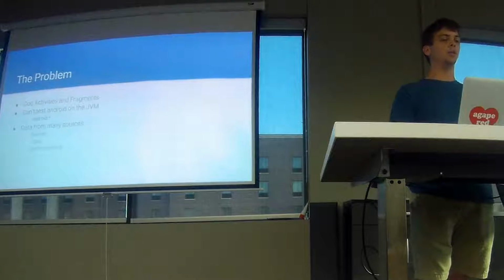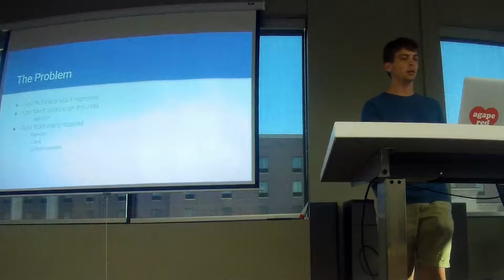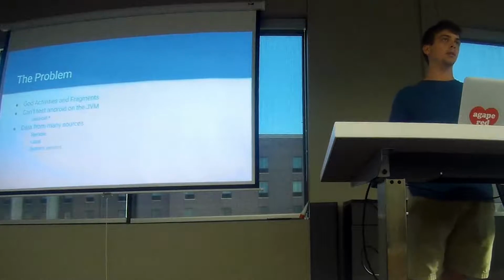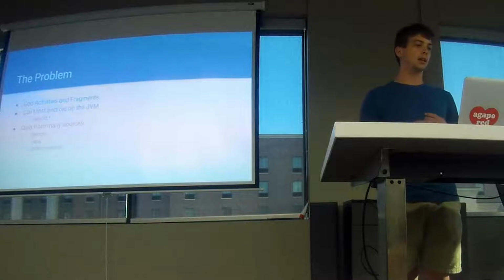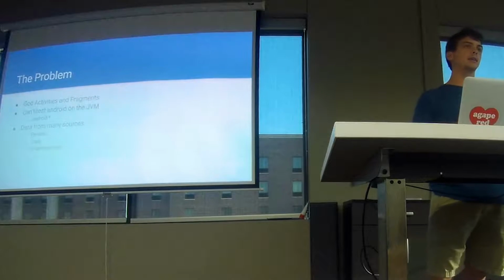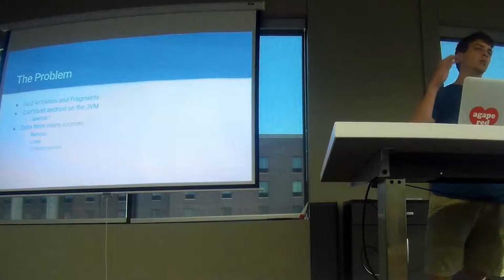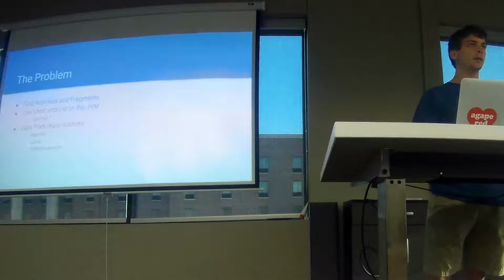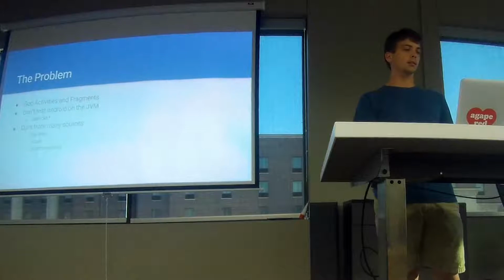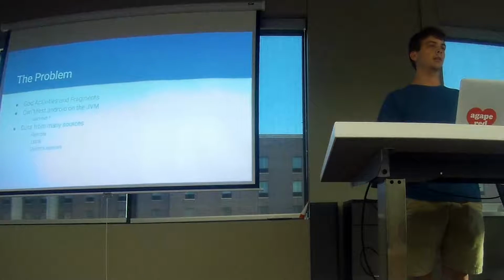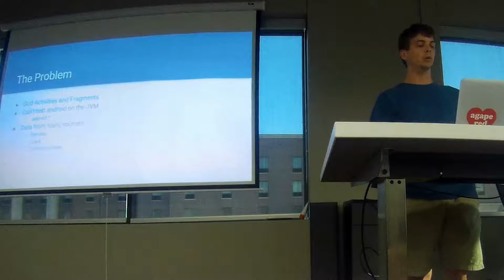So like I said, a big problem with using no supporting architecture in Android is you end up with these massive activities and fragments. And the problem with that is debugging takes longer because there's so much more to go through. It's a lot harder to maintain. It's kind of frustrating to look at if you're working with them every day. It's this massive mountain to work with.